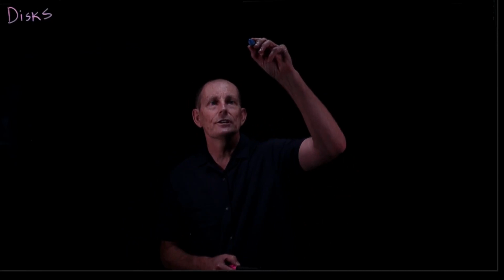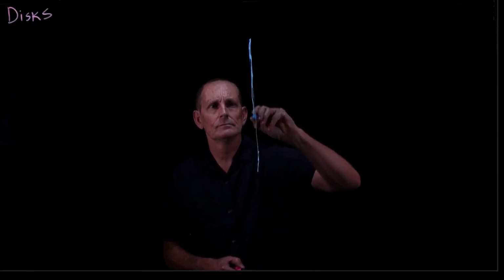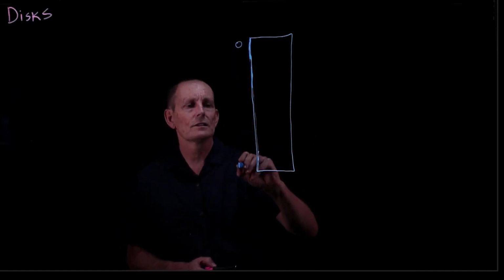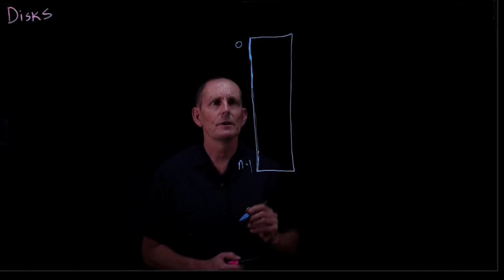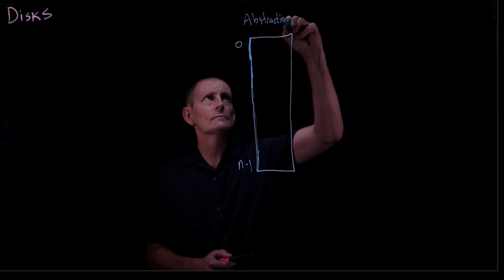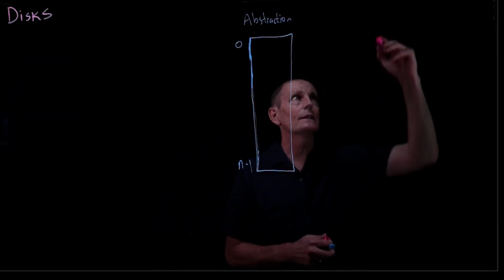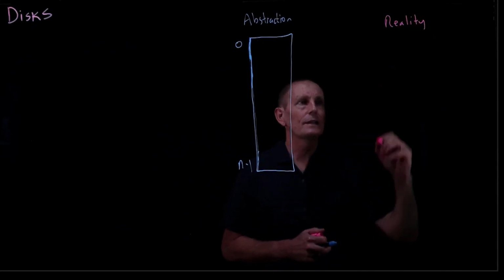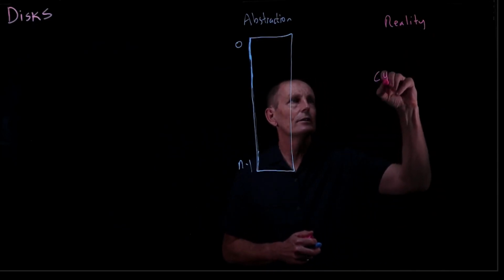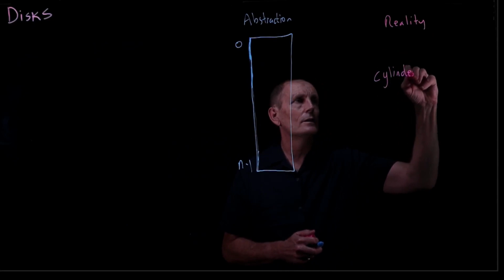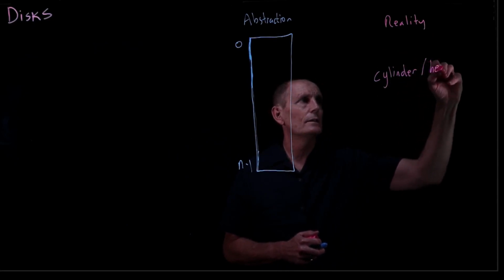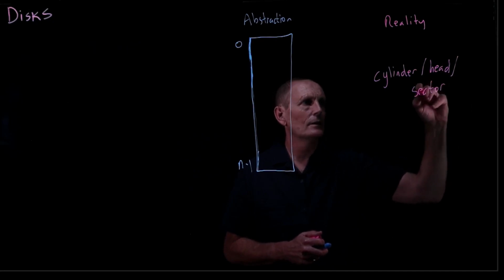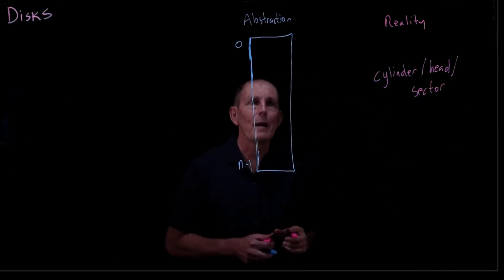We have this abstraction of a disk, where the abstraction is we have blocks or sectors from 0 to n minus 1. And then we have the reality, and the reality is we have cylinder, head, and sector. So somewhere we need to do a mapping here.